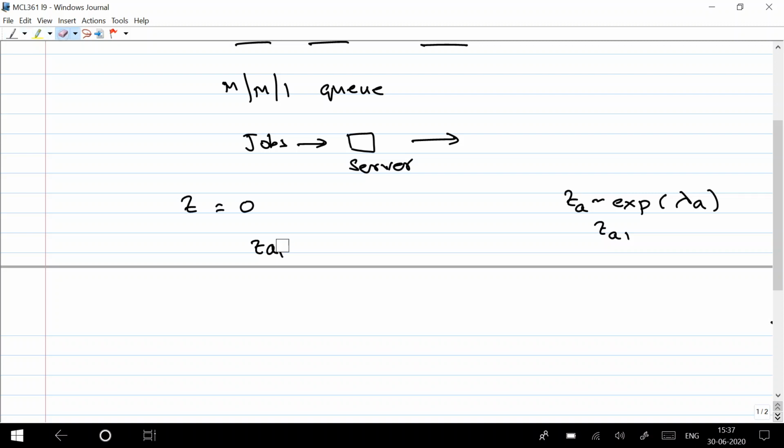Let me write this down a bit more clearly: ta1. There is no other customer, this is the first customer, so the service of the customer begins immediately. You don't look at any time instant between t equals 0 and t equals ta1. You move directly from here to this time point.